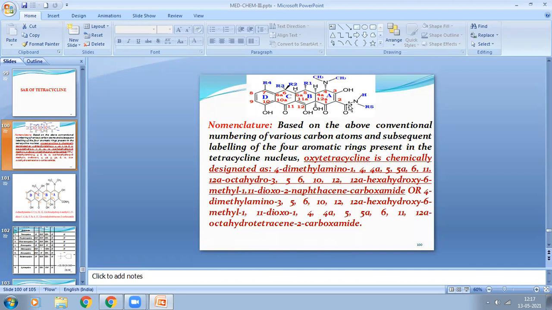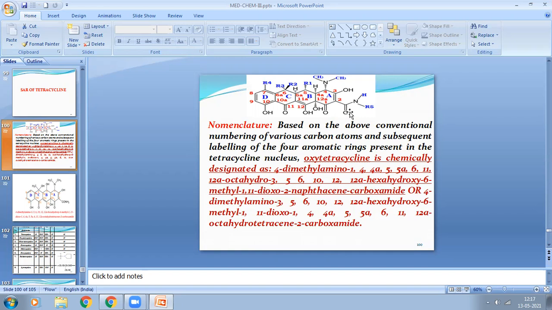Here it is a ketone group, and here it is an OH group. So the keto-enol tautomerism between C2 and C3 is very important for tetracycline to show biological activity.